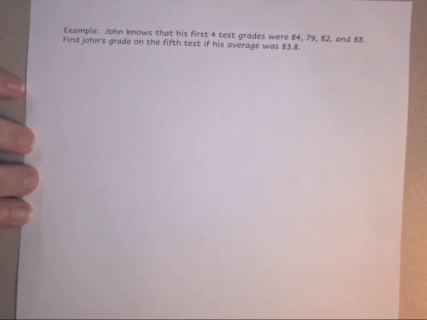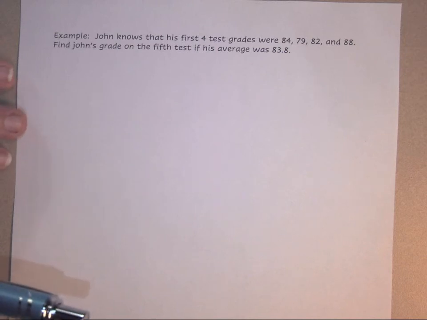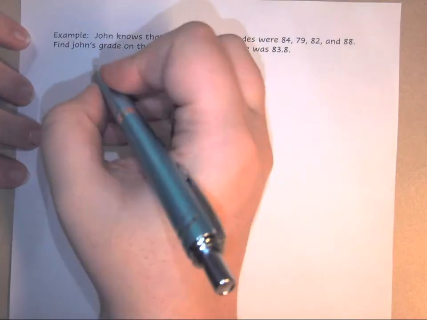Alright, the last example I wanted to look at says that John knows that his first 4 test scores were 84, 79, 82, and 88. We want to find the 5th test if he has an average of 83.8.